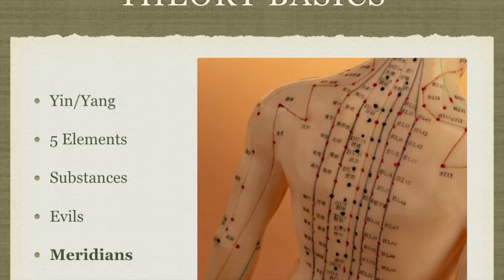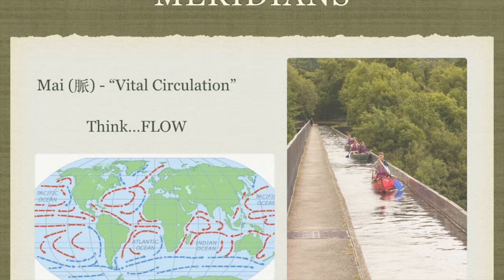But I'm actually realizing that meridians all by itself is a word that may not make sense to you. As we talk about the body, I'm going to take you through a little bit about what this word is. Meridians or collaterals are English words that we often use to describe specific types of what would be called mai in Mandarin.